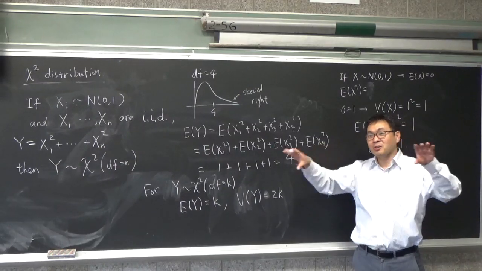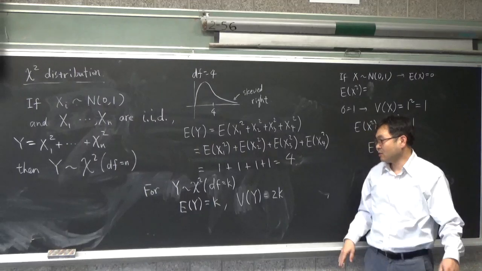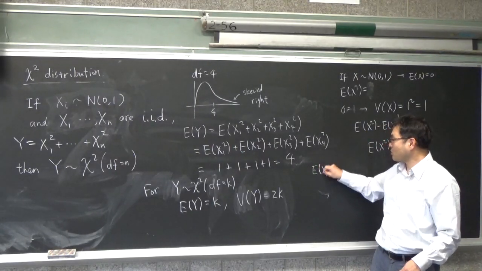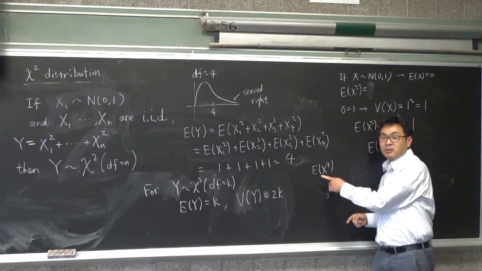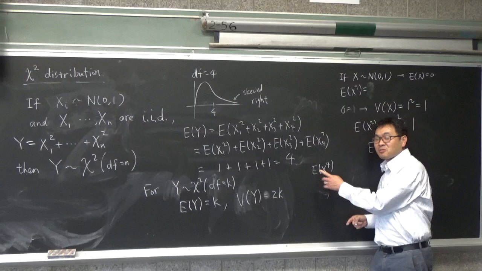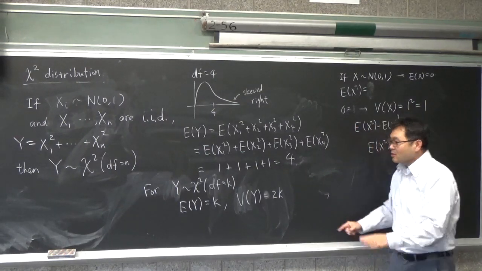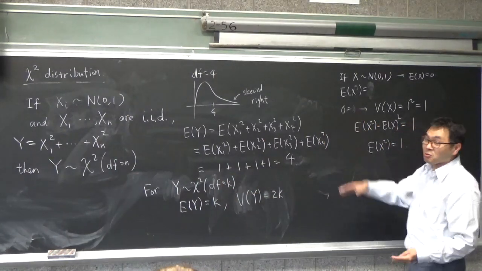Kurtosis gives you how fast something decays to 0 as you go left or right, which was about E of x to the 4th power for the normal distribution. This one gave the kurtosis. I gave you a formula for this long time ago, and that will be required in order to get this one. That's not too important. I just want to give you some feel for what this distribution looks like.